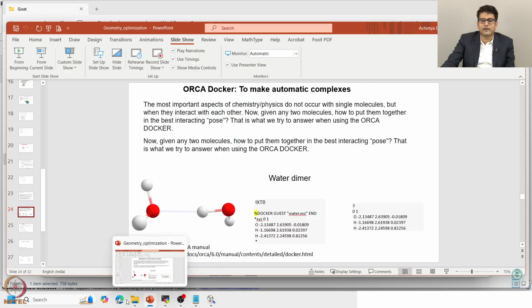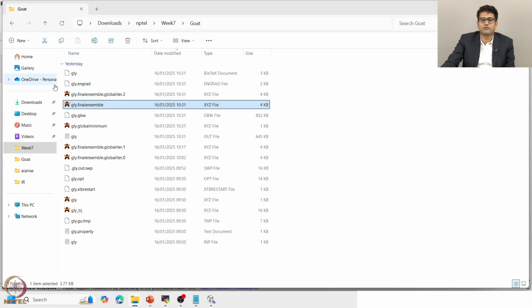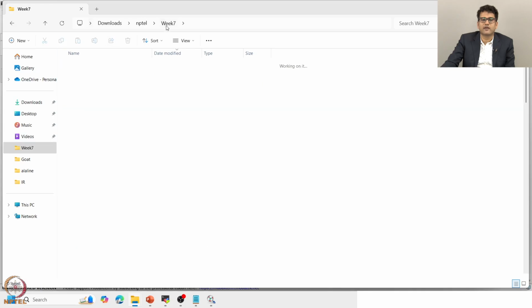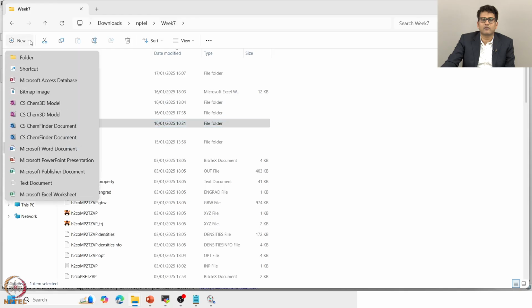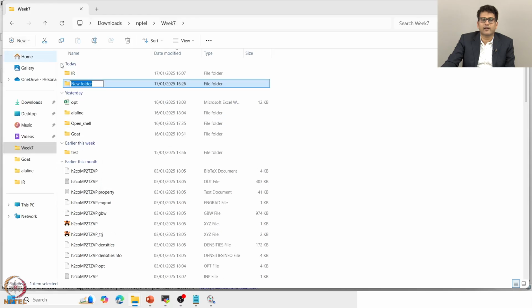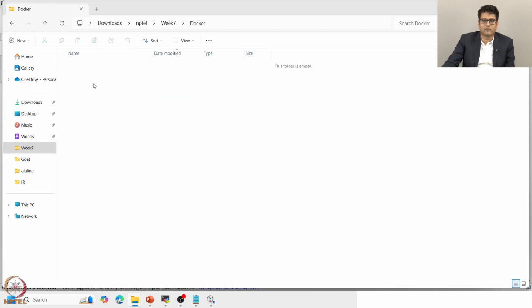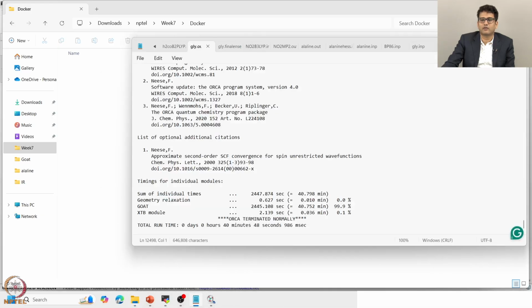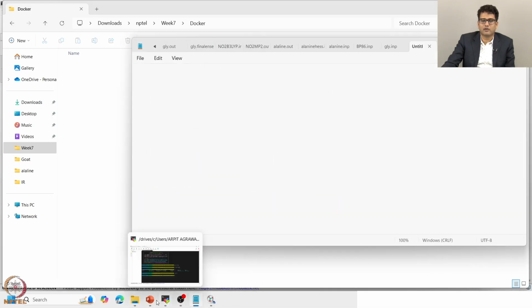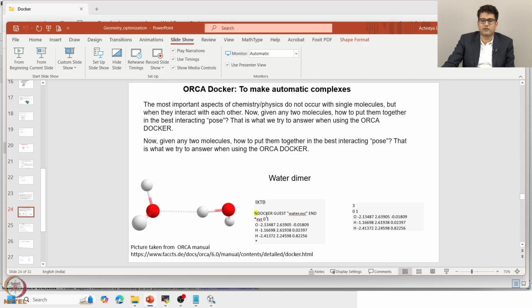So, let us go to week 7, and let us make a new folder and keep it as Docker. Let me open this one and copy paste the input file.